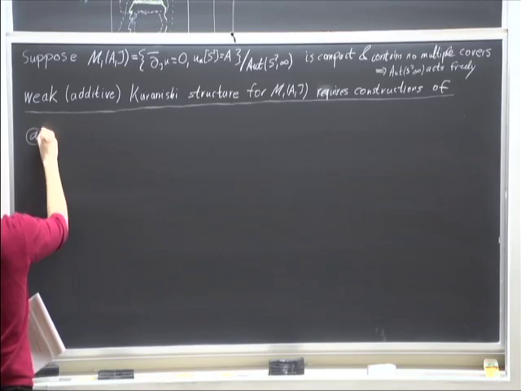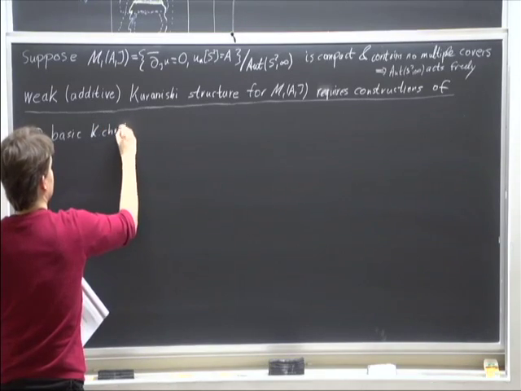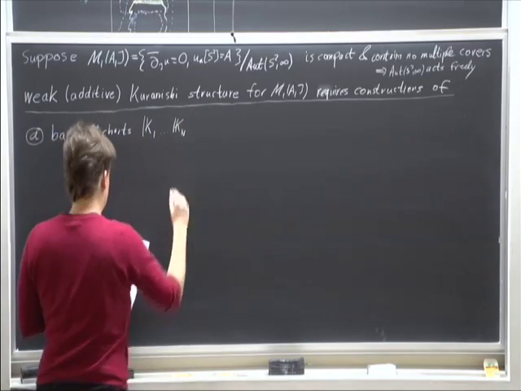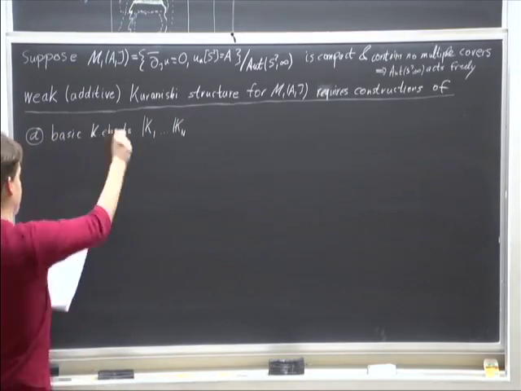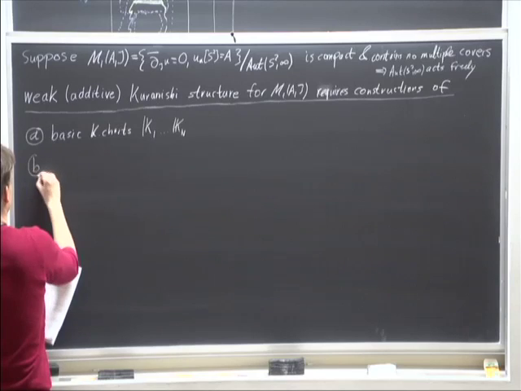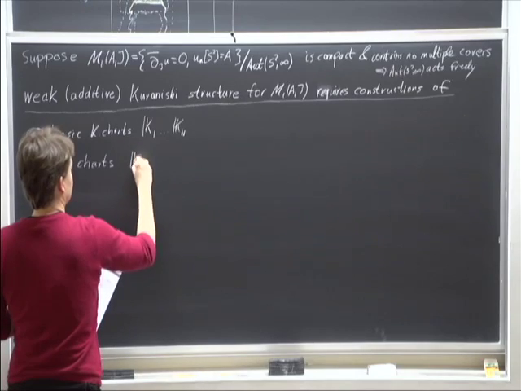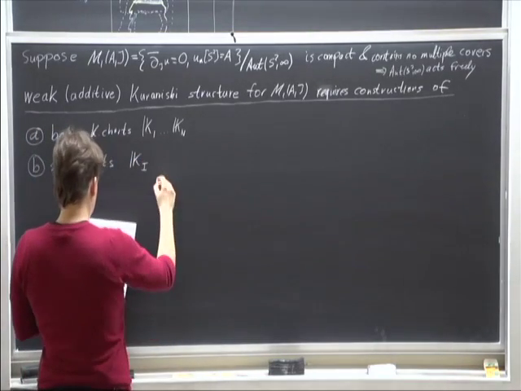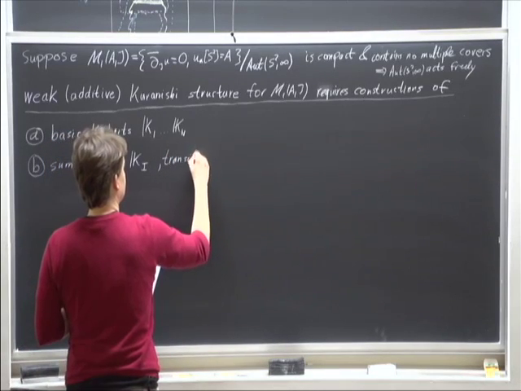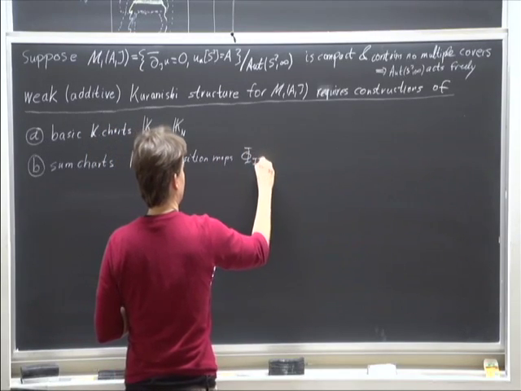So A, we need basic charts, following Dusa's notation, K1 up to Kn. I'm going to say explicitly how to do that, but I just want the summary here. And we're going to need some charts Kij and transition maps between all the sum charts.